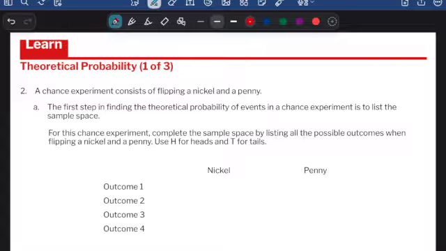So we could flip the coins, the nickel could come up heads, and the penny could come up heads. We could flip the coins again. We could get the nickel come up heads and the penny would come up tails. The nickel could be tails and the penny could be heads, and then the nickel could be tails, and the penny could also be tails. So these are the possible outcomes or our sample space.